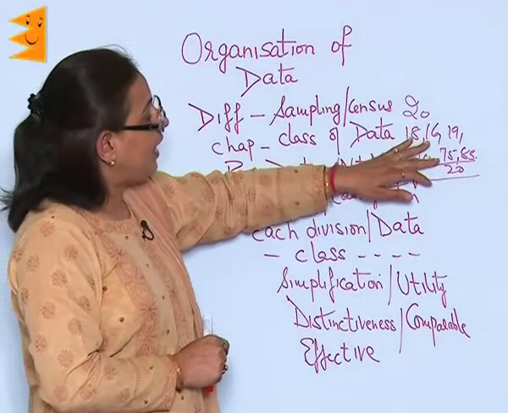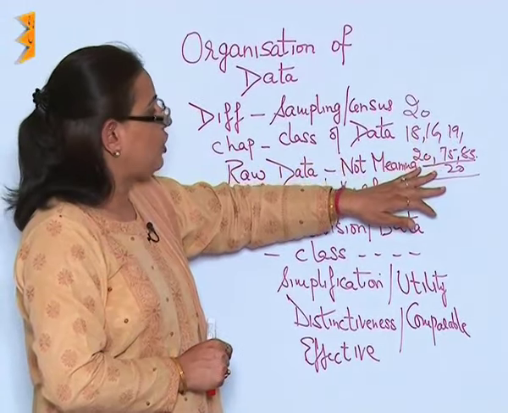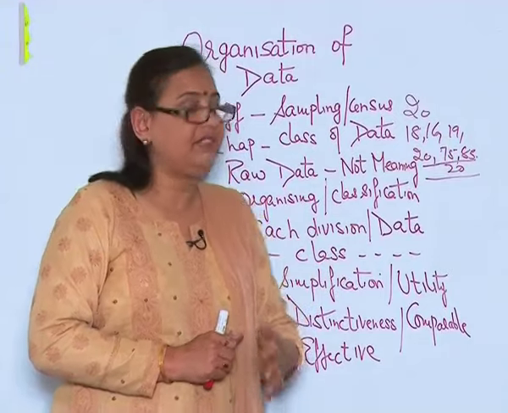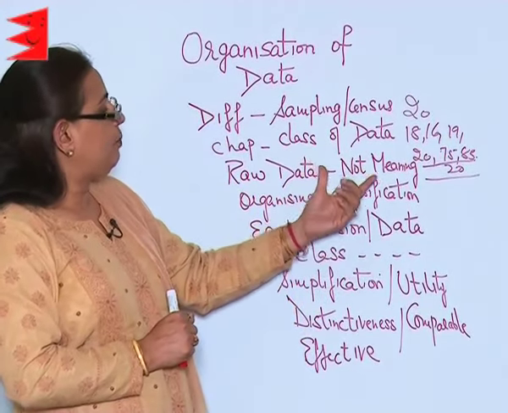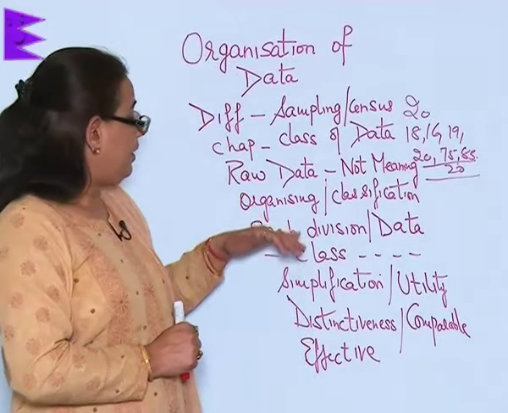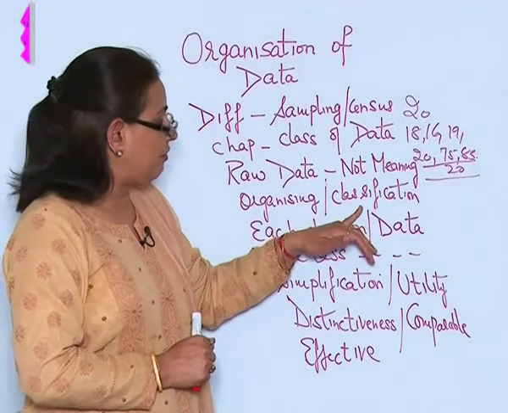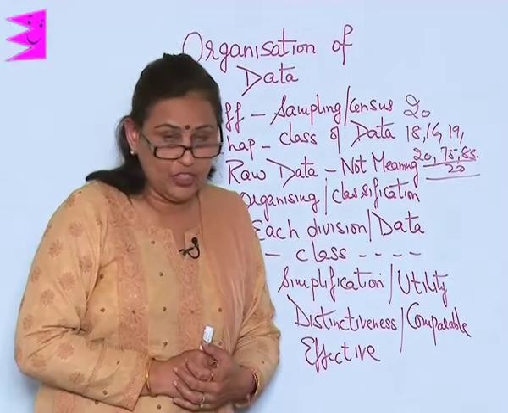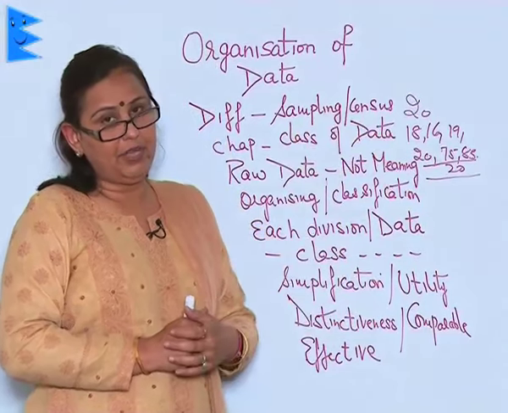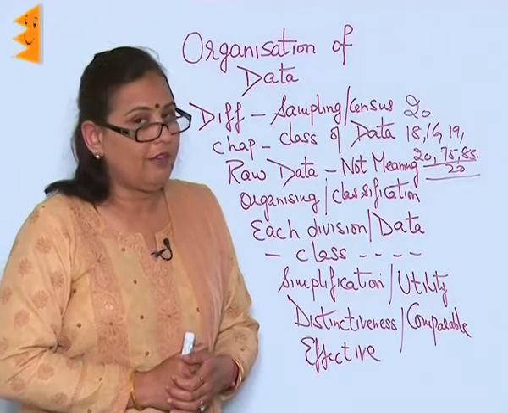Thus, when the data is there in a raw shape, it is in this manner, but we have to classify this data in order to make it meaningful. Organizing or classification of data, as I said, is essential because otherwise we cannot derive the information which we are looking forward to.